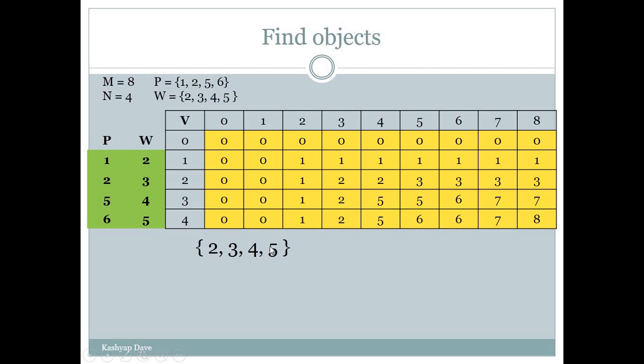If we consider that our maximum profit is 8, this 8 is accessible only in this last row. So that suggests that only in the last row can we get our profit of 8.